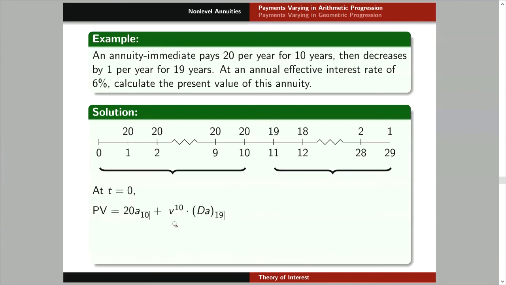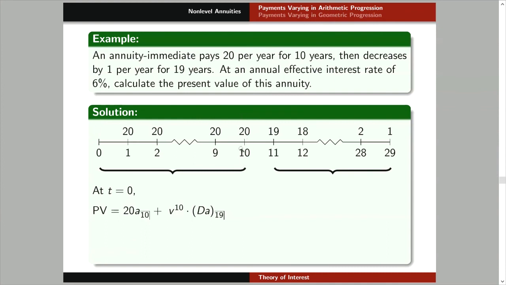Why do we have v to the 10 here? Because your D a angle 19 is still at t equals 10. Do you recall how to rename a time diagram? This becomes 0, this is 1, 2, and then 18, and then 19. So the D a angle 19 is only at this point.